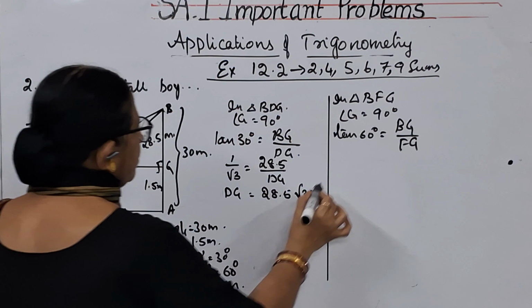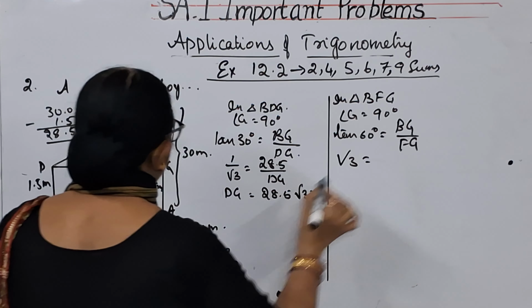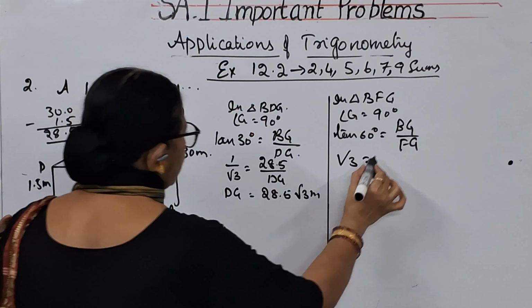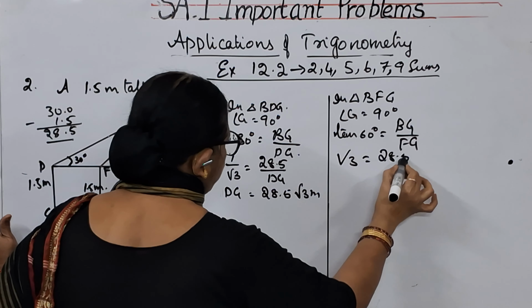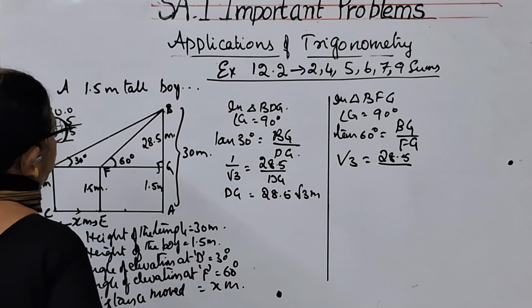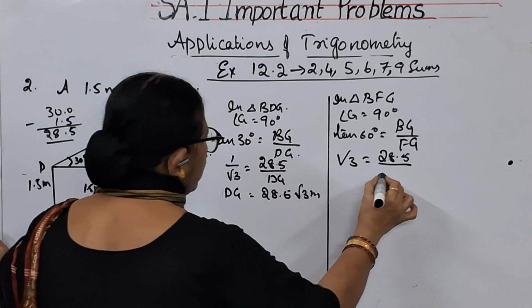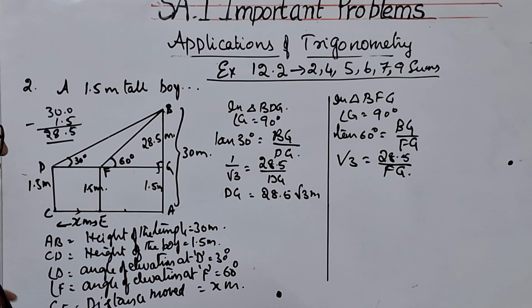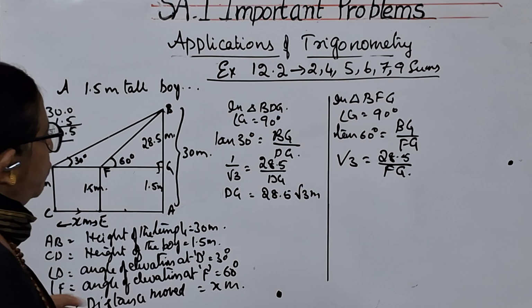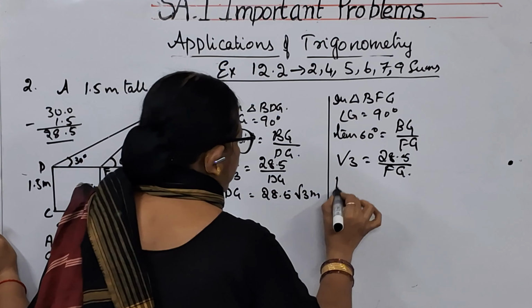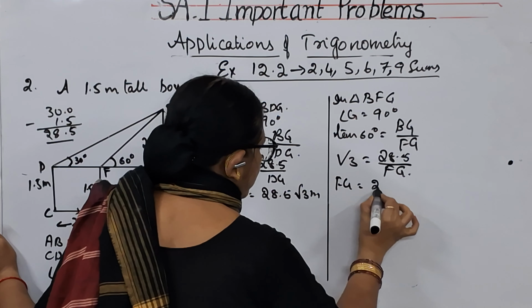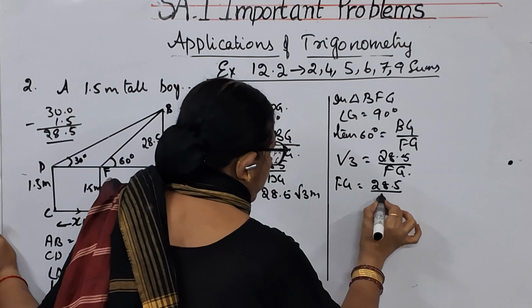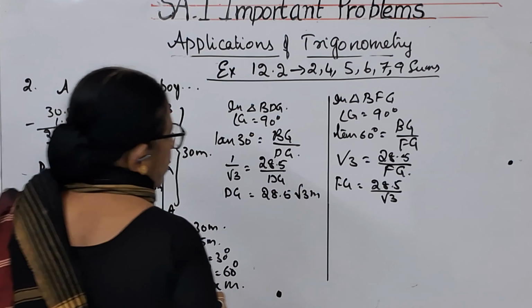Tan 60 degrees is root 3, which is equal to BG, that is 28.5 by FG. FG we don't know, take it as FG only. So what is FG, children? FG is equal to 28.5 by root 3.